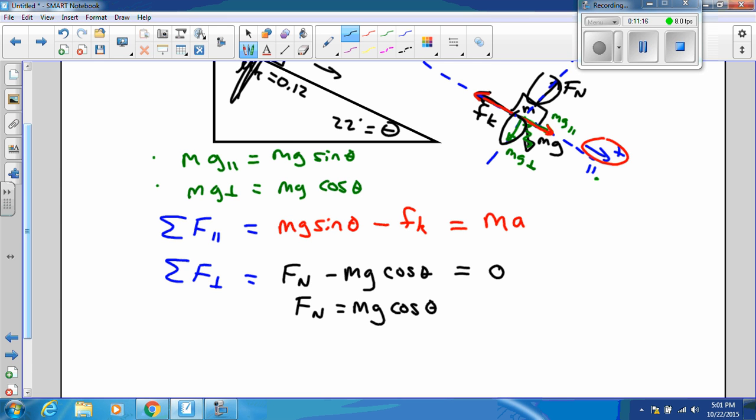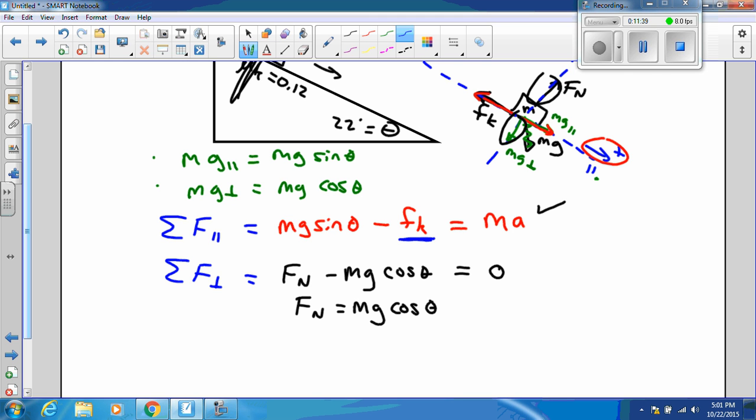At this point, we can substitute numbers in, or we can leave it as algebraic. I prefer to leave it as algebraic, but if you want to substitute numbers in at this point, just to kind of keep your head straight, then that'd be okay. So, bear with me. I look at these two equations, and what I'm looking for is the acceleration right here.